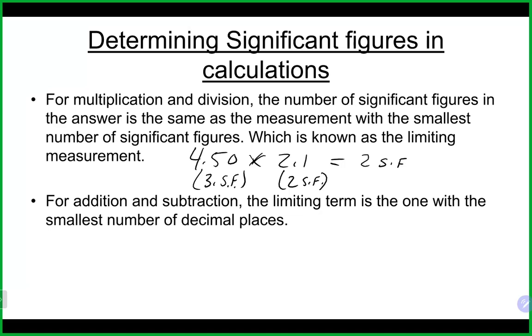And on my calculator here, if I punch that in, I will end up with 9.45. That means I do need to come to here, look at this number, and we're going to round up. So 9.5 in this particular case should be my answer when it's all said and done.